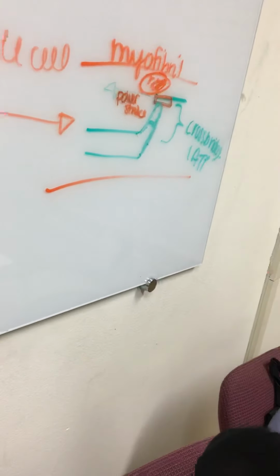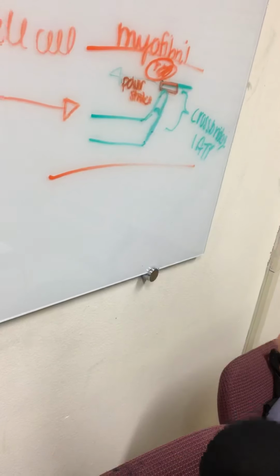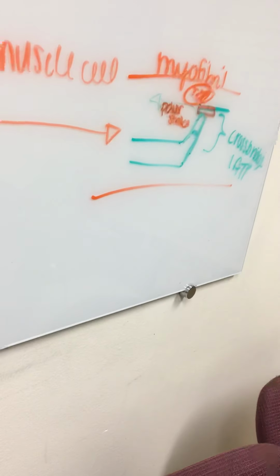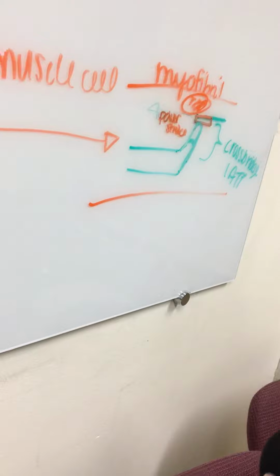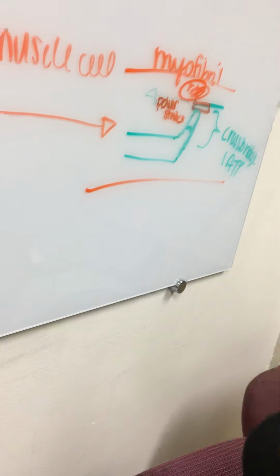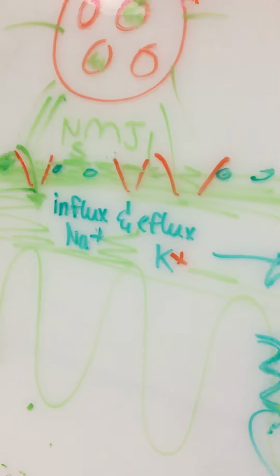Okay, so to relax the muscle, this is where it's going to get kind of complicated, I think. So the acetylcholine is released just like how it's released before in this process, but acetylcholinesterase is also released, and that breaks down the acetylcholine.